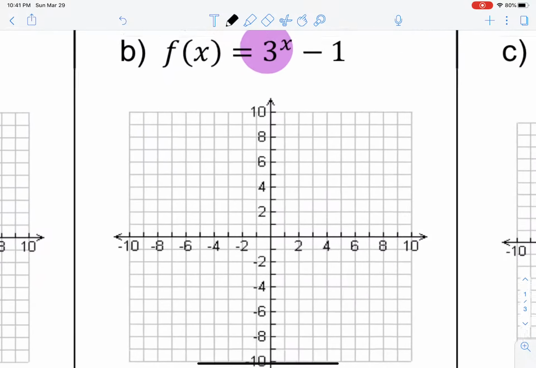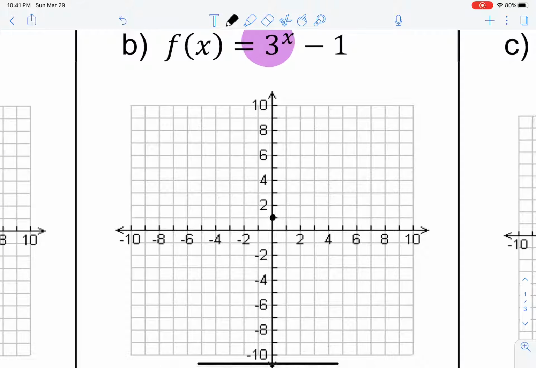Let's make this larger. So that is 1, 3, and when x is 2, y is 9, and it's going to grow and go up that way.